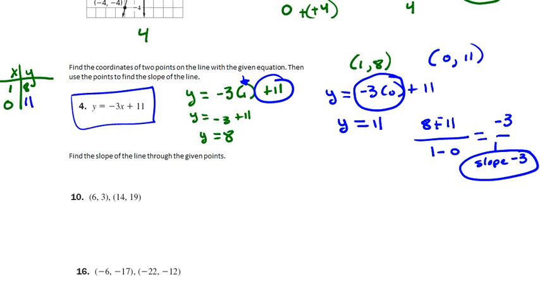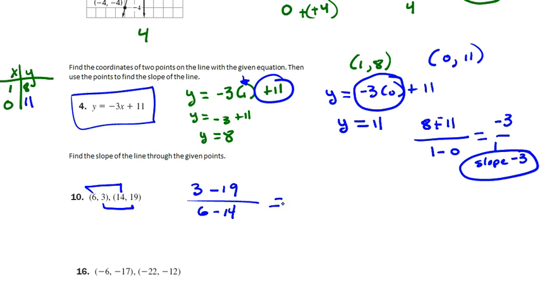Alright, what if I want to find the slope of a line using 2 points? Alright, well, I'm going to find the difference between my y coordinates. So I'm going to take 3 minus 19, and then I'm going to find the difference between my x coordinates, 6 minus 14.